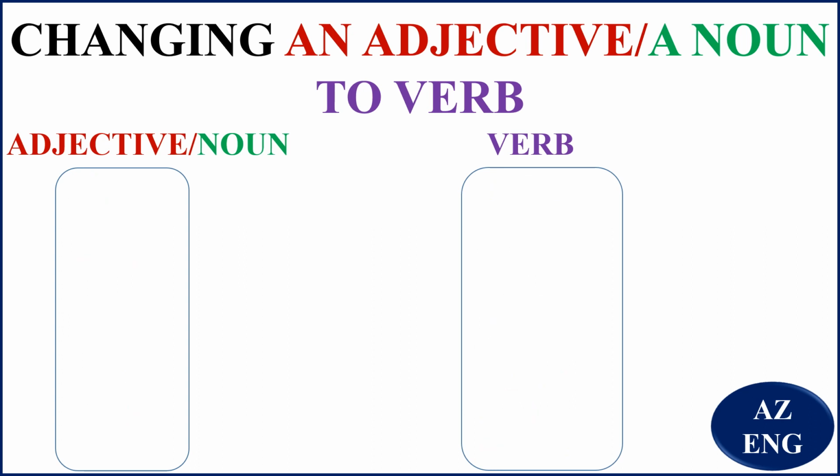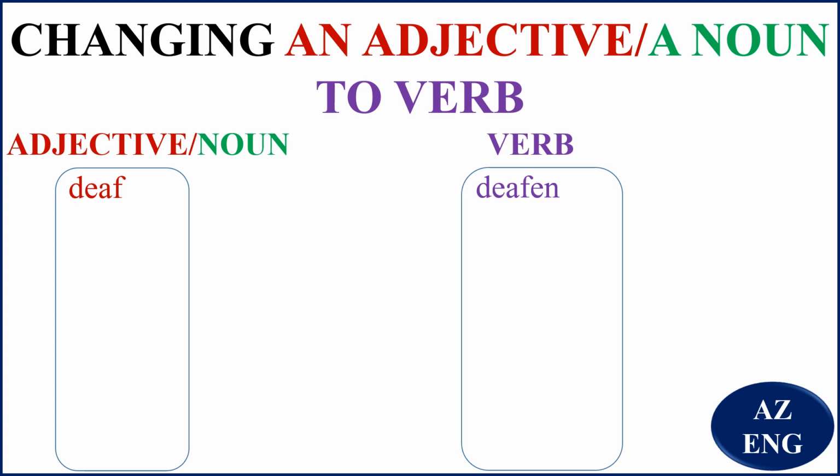And deaf. If someone is deaf, they can't hear. Even if they can hear, the hearing is not very well. So to make someone deaf, what do we say? You deafen. You deafen something. You deafen, that is, you make someone deaf.